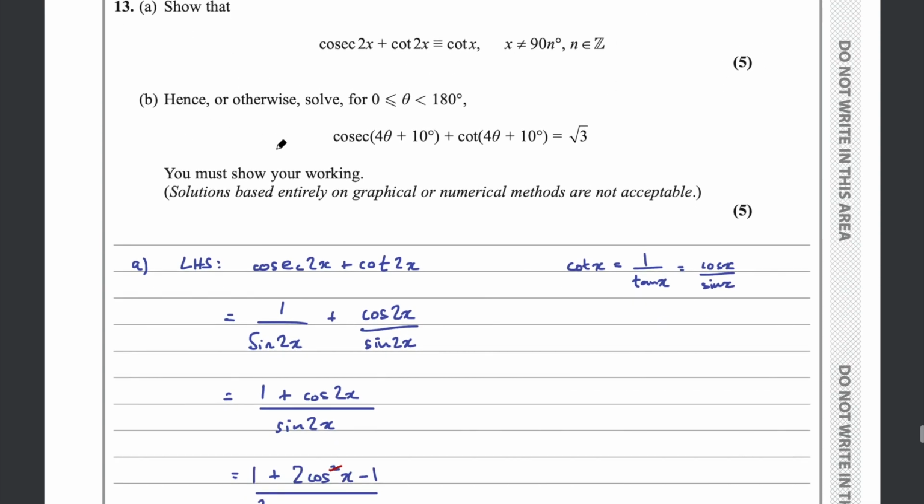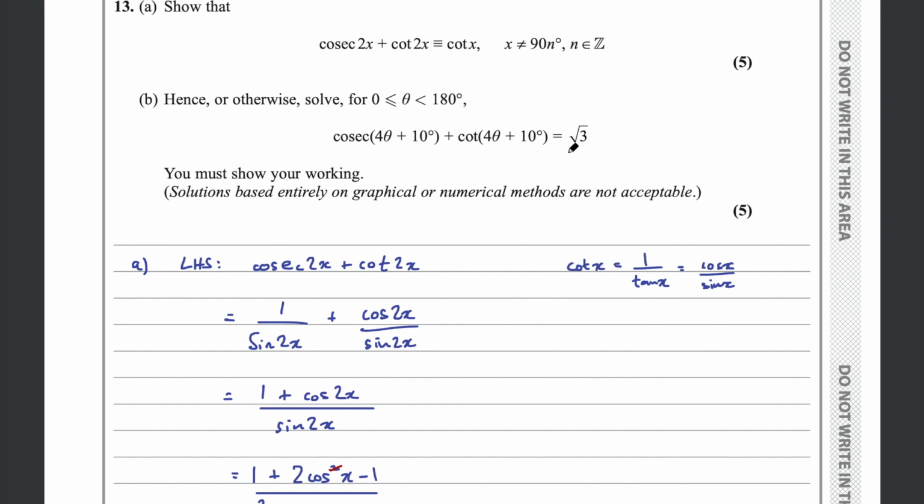Part B says, hence or otherwise solve for theta between 0 and 180, the cosecant of 4 theta plus 10 plus the cotangent of 4 theta plus 10 equals root 3. Hopefully you can see these two things must be related. We've got the cosecant of 2x and the cotangent, and here we've got cosecant and cotangent equals root 3.